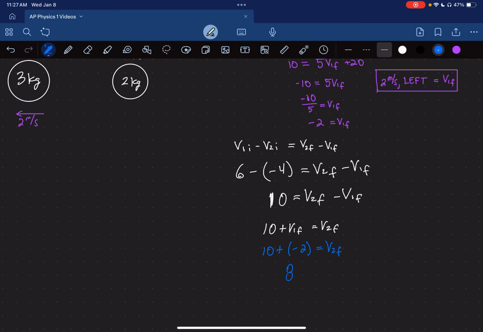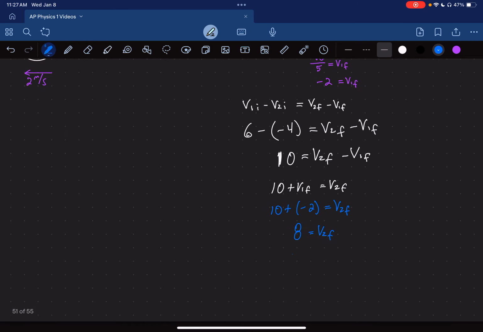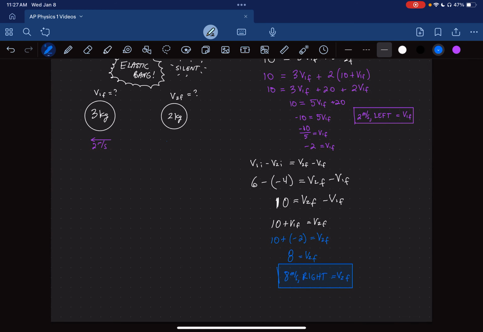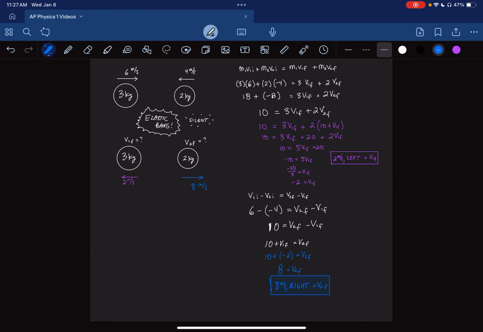And so this comes out to 8. But let's show that with units and a direction and show what that is equal to. 8 meters per second to the right, so I'm going to trace that on here.